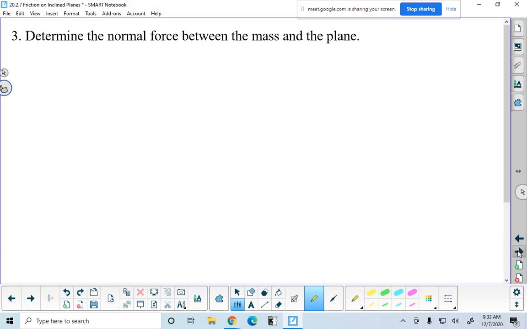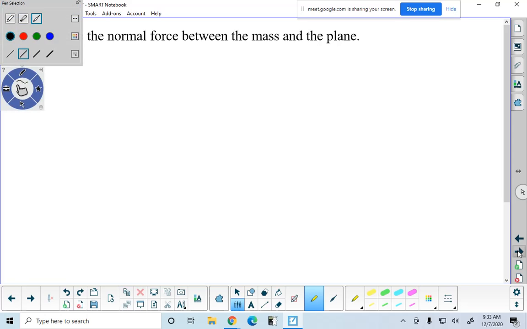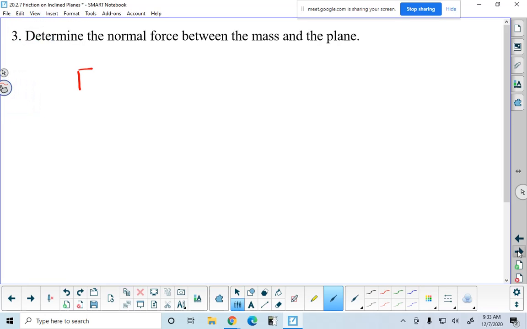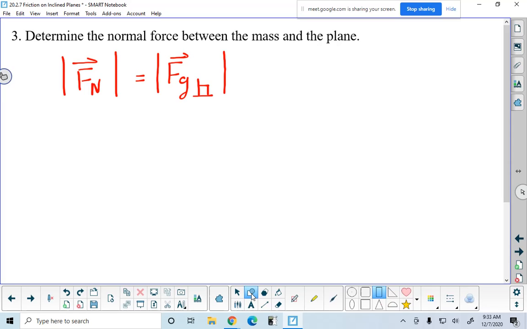For an object on a ramp, what I'm about to write is always true. The magnitude of the normal force can be found by calculating the magnitude of the force of gravity acting perpendicular to the ramp. So how do we do that? I'm going to redraw this, and I think it might not be a bad idea for you to redraw it as well.